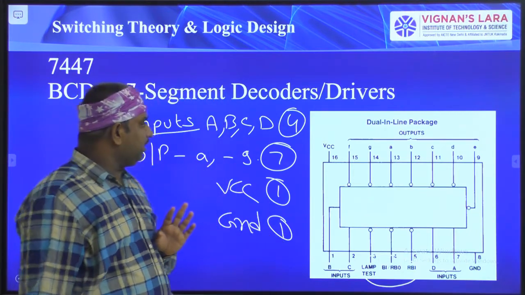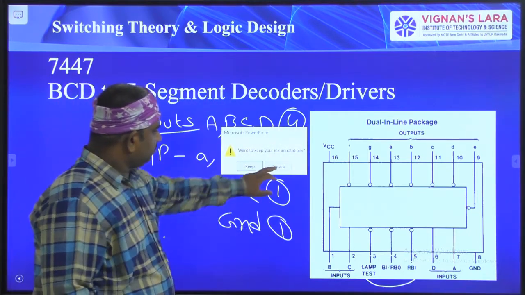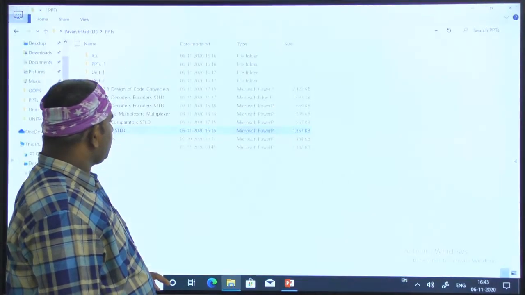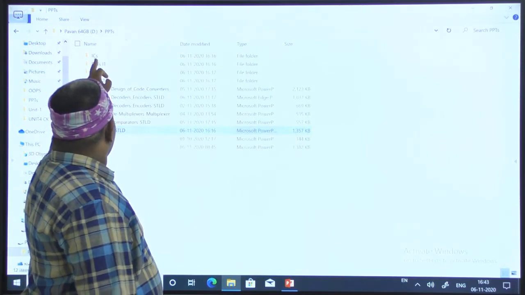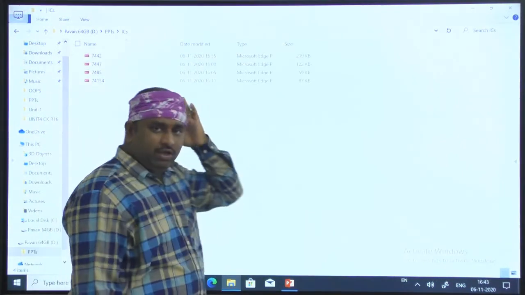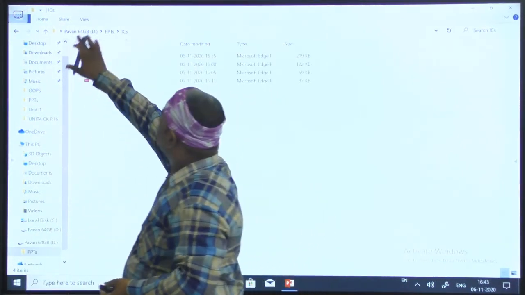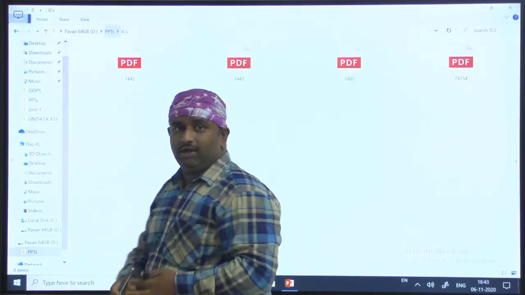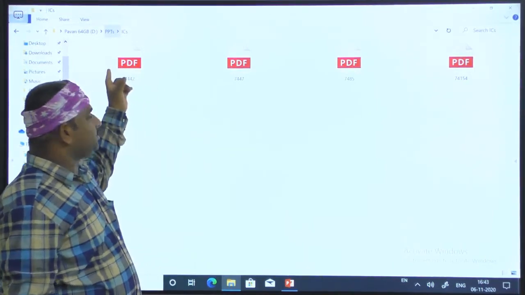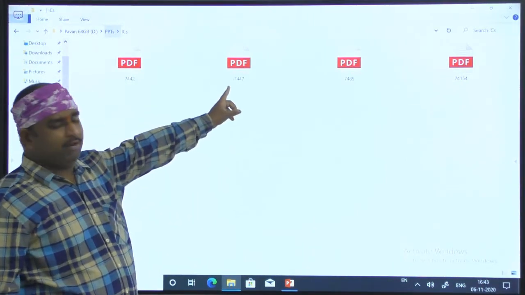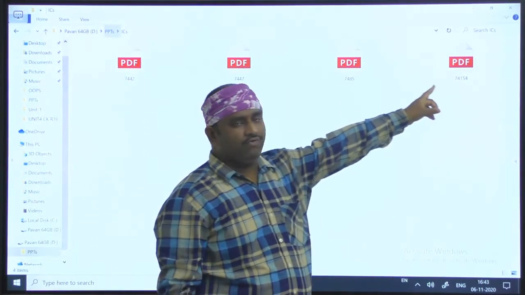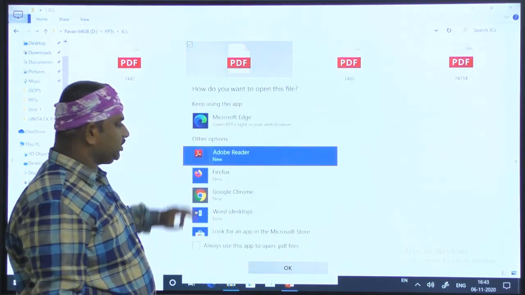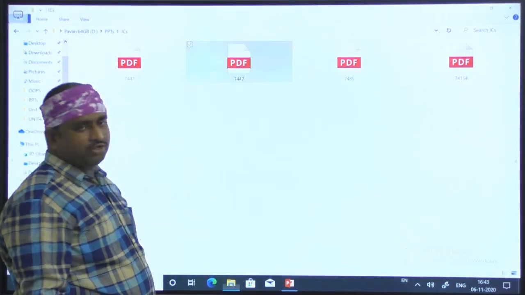Coming to see here, these are the 4 different data sheets. I have shown these 4 sheets: 7442, 7447, 7485, 74154. First we will open 7447, because we are seeing this concept.